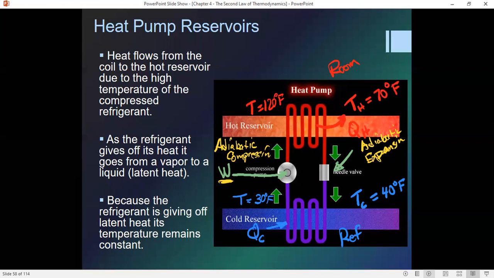But you can see how this works by using adiabatic processes to compress the refrigerant to heat it, and to expand the refrigerant to cool it. We can move the heat fairly easily. And again, on both sides, you have a heat exchanger within the place you're trying to cool down, and you have a heat exchanger where you're actually dumping the excess heat.